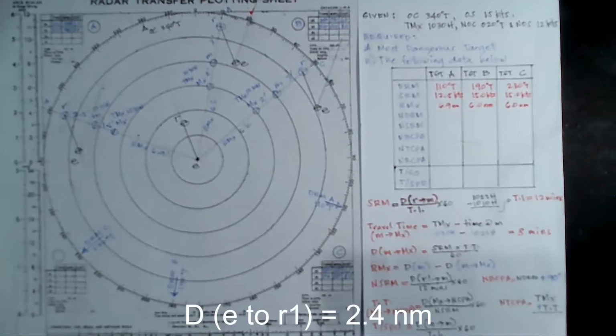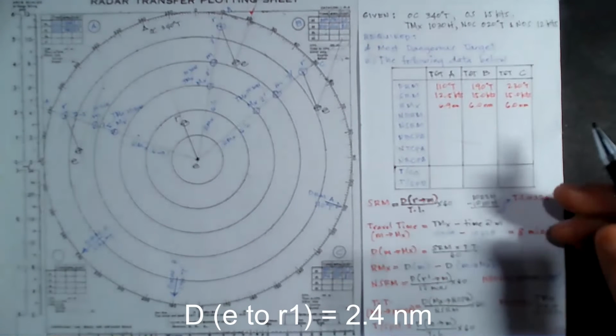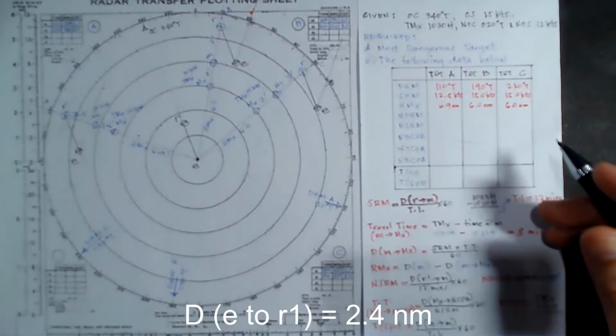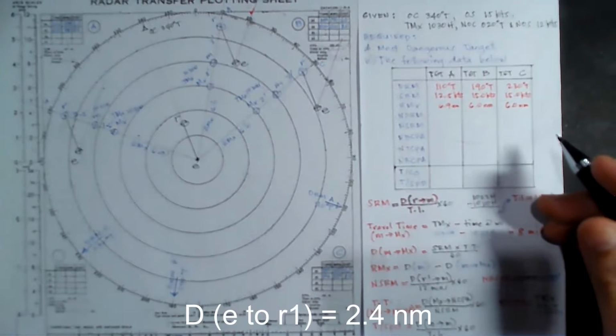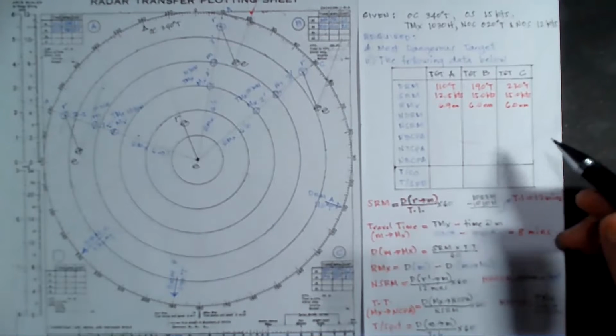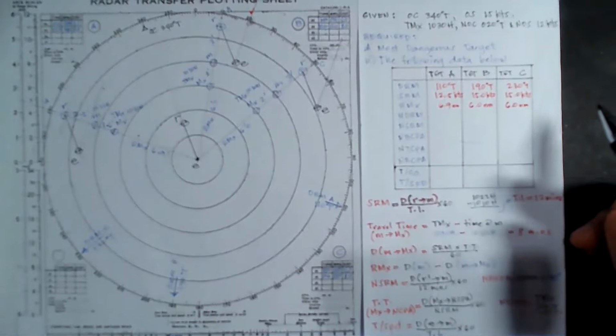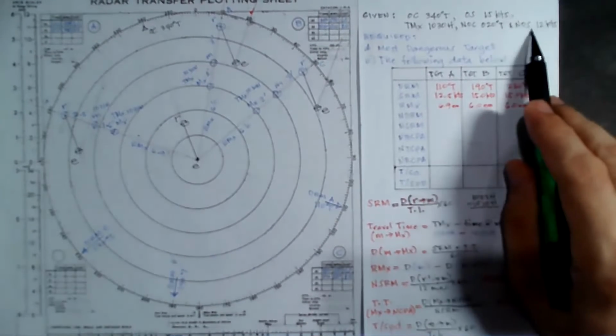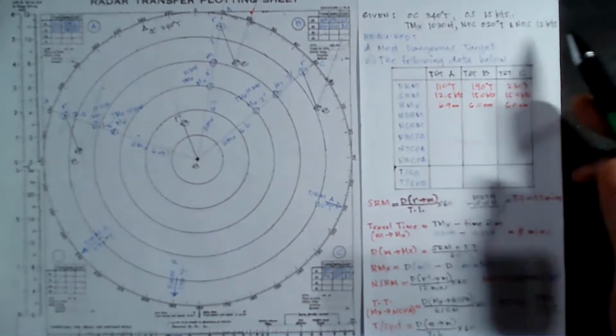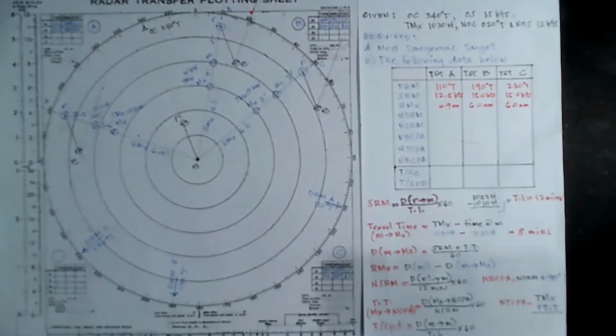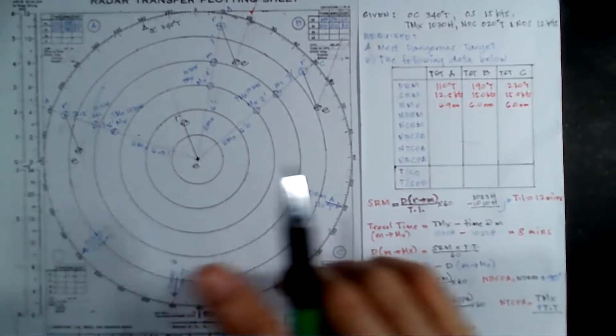So we'll be using 12 knots multiplied by 12 minutes divided by 60. So your distance would be 2.4 nautical miles.